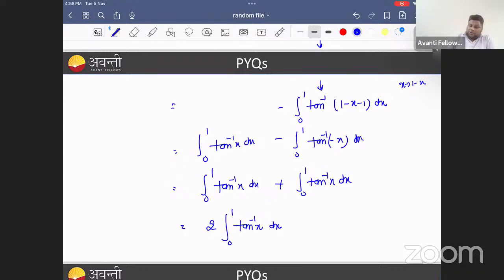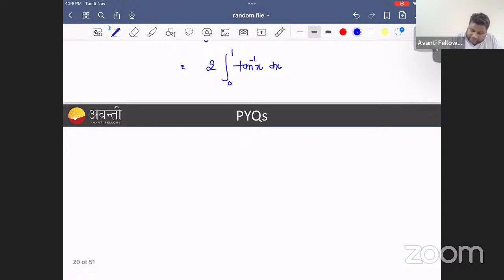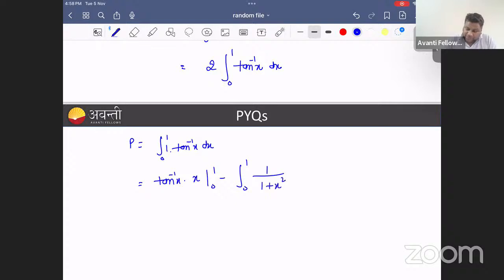Now they are asking to evaluate it. Now let us assume this is P, that is 0 to 1 tan inverse x dx. Take 1 along and use by parts. So first, integration of second, derivative of first 1 upon 1 plus x square, integration of second x dx.